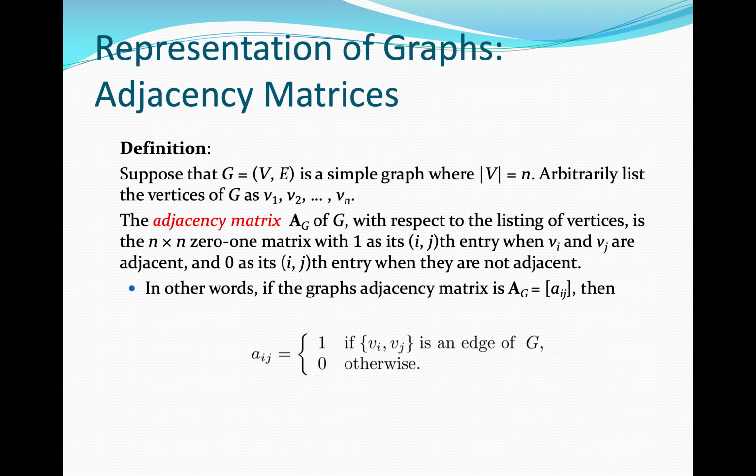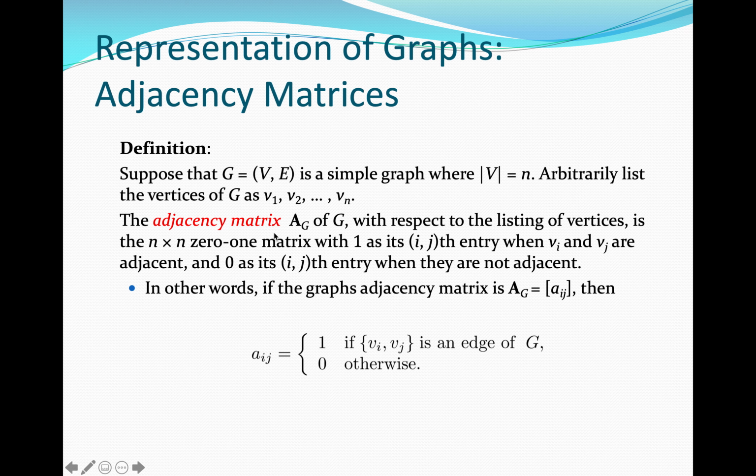For the adjacency matrices, you have actually seen this in our previous lecture. So suppose that G is presented in vertices and edges. It's a simple graph where the number of vertices V is equal to n. Arbitrarily list the vertices of G as V1, V2 until Vn.